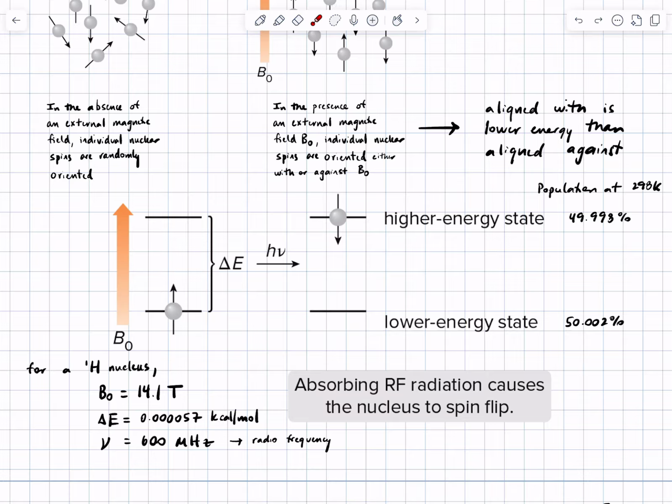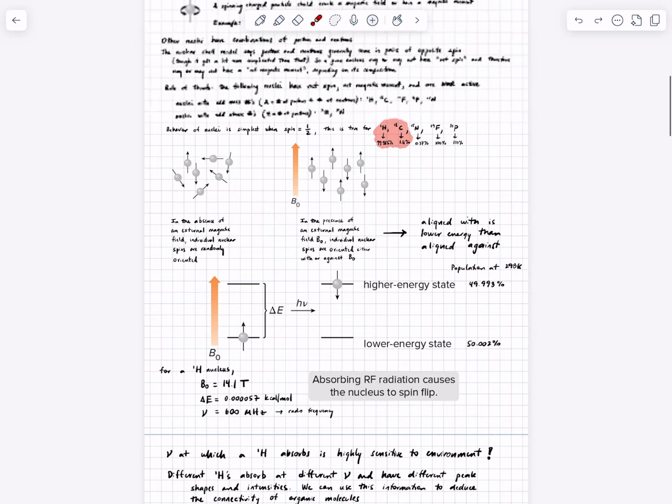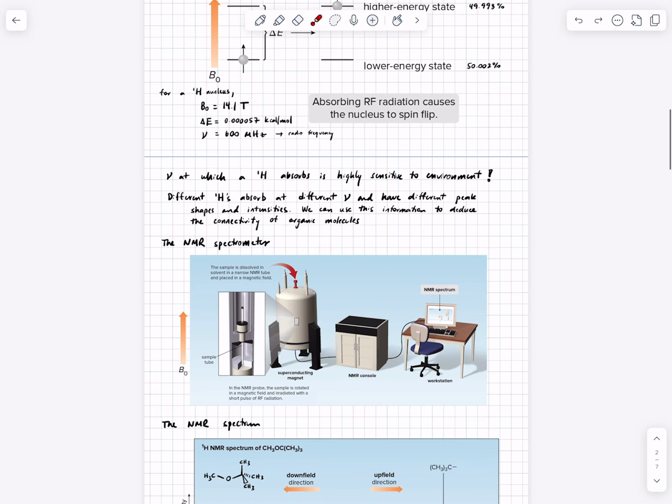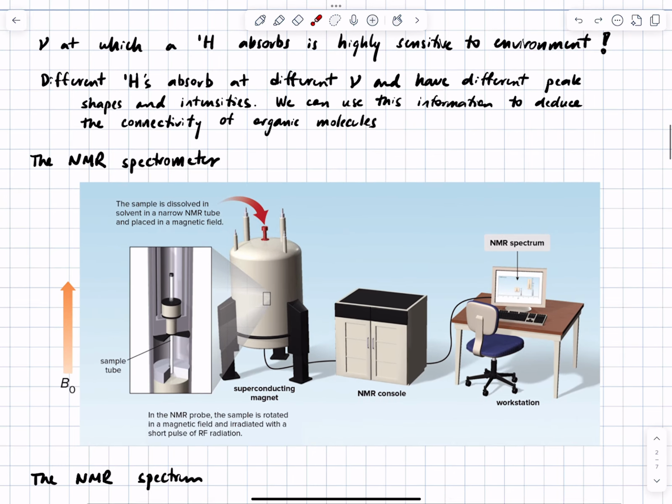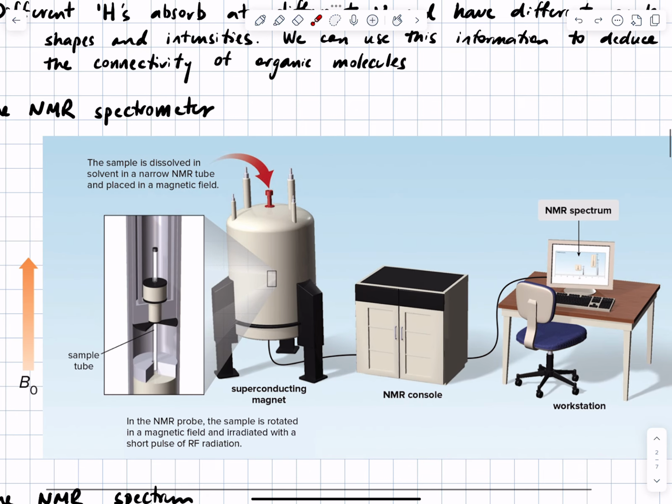They'll show up at different frequencies, and that, combined with some other things I've got to tell you about, will give us enough information to deduce the structure of a lot of molecules. Okay, so let me show you what the NMR experiment looks like.